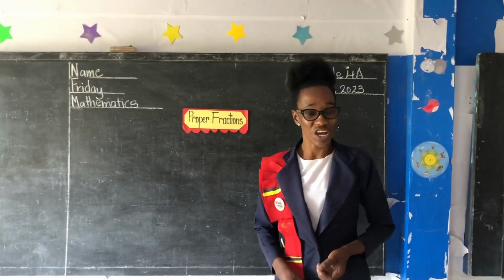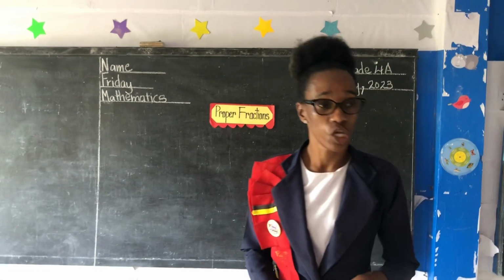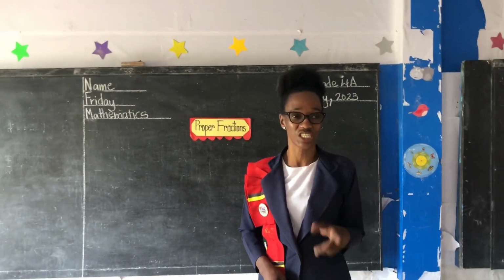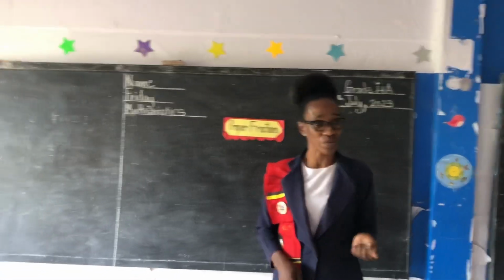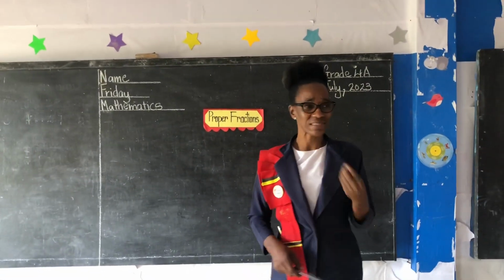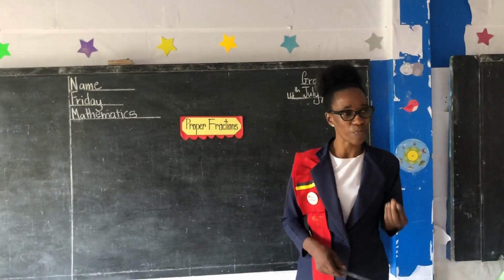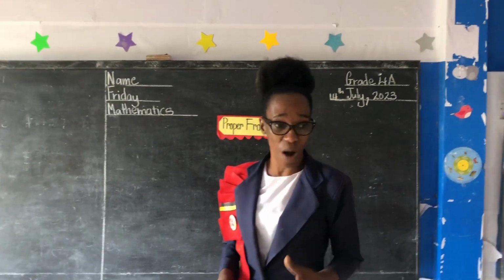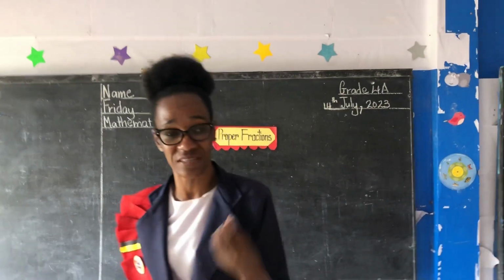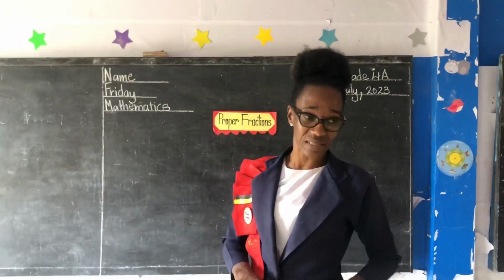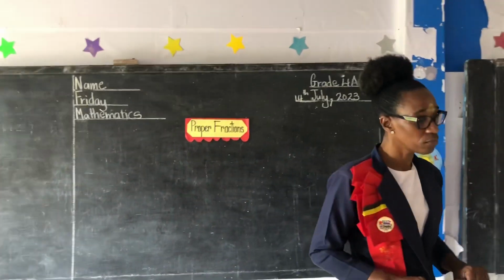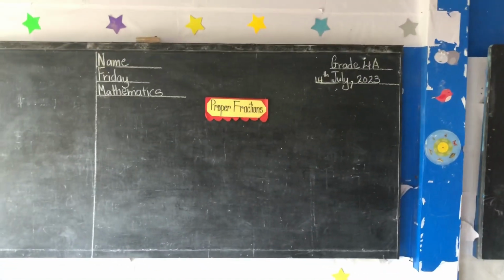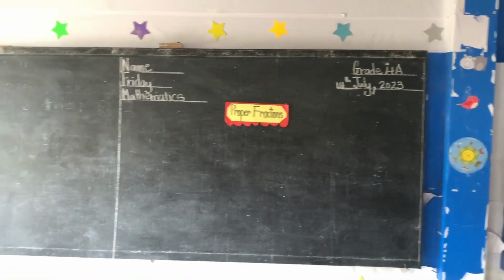Now, boys and girls, you would have done the homework. You would have pasted a representation of each type of fraction in your exercise books. Who can tell me what is a proper fraction, or rather describe a proper fraction for me? Yes, Jaim, you want to try? 1/3.